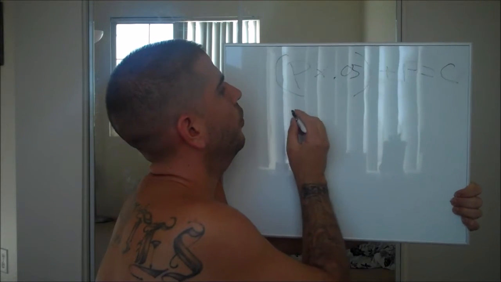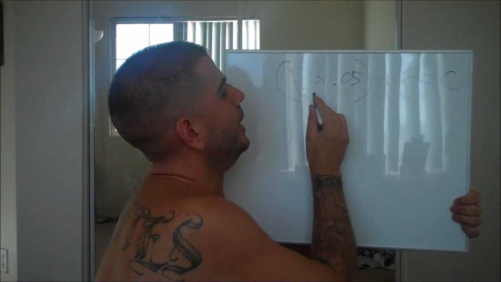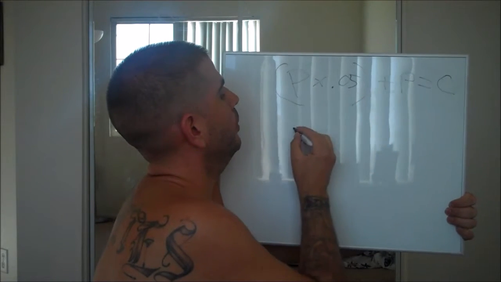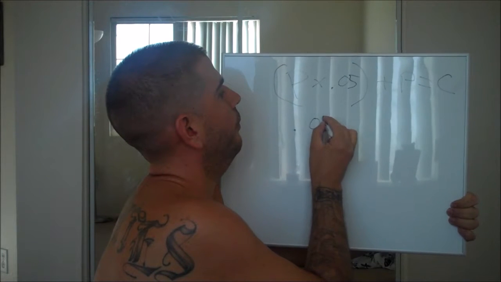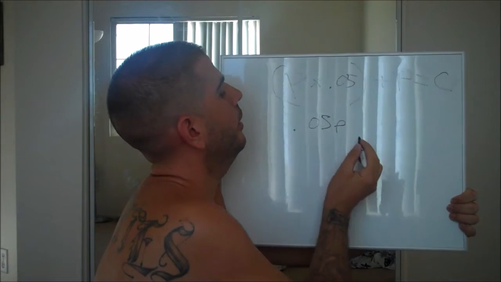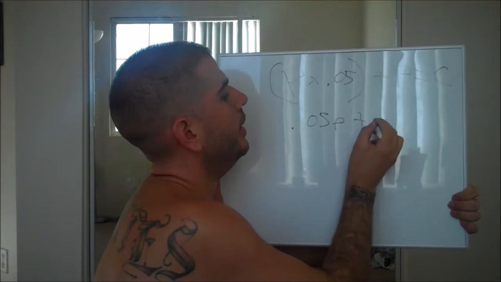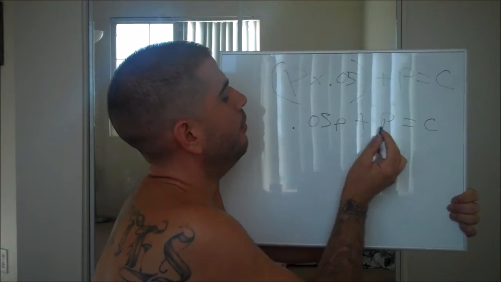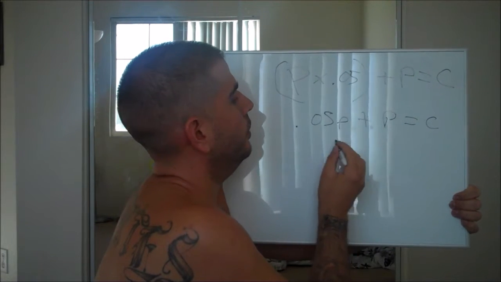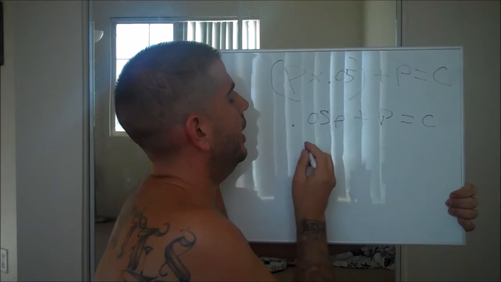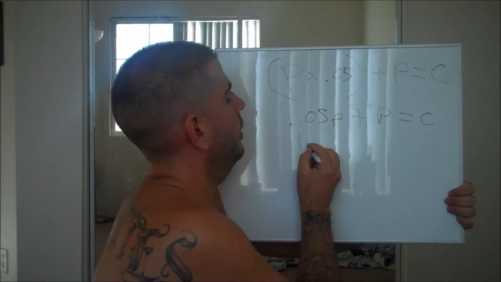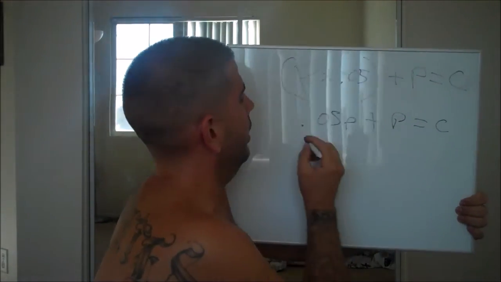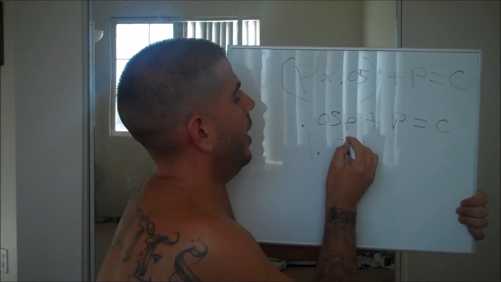So you write this out: P times 0.05 equals 0.05P, and then you add that to P equals C. So 0.05P plus P equals 1.05P.